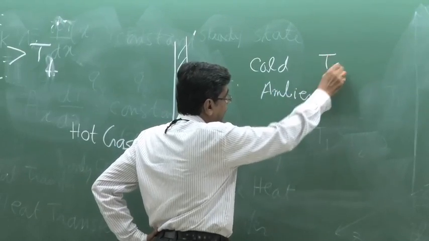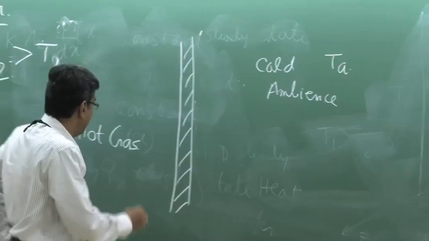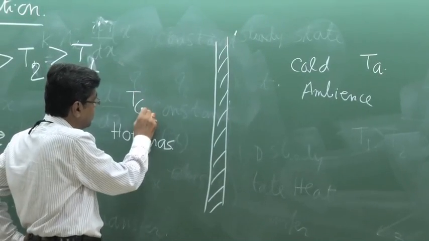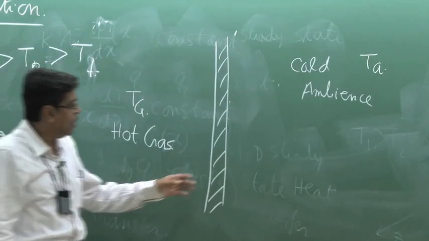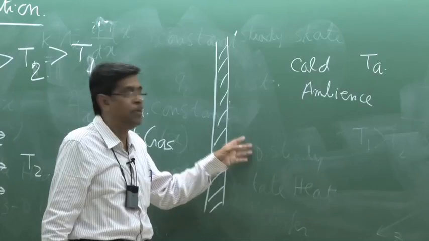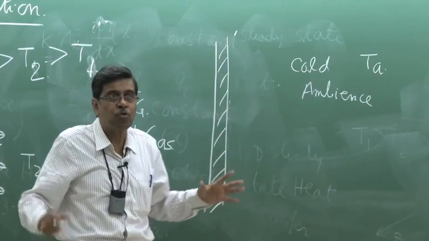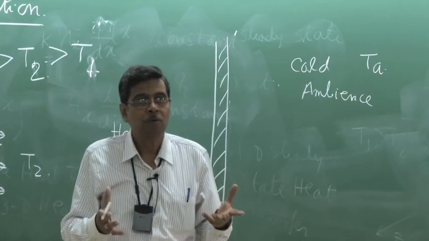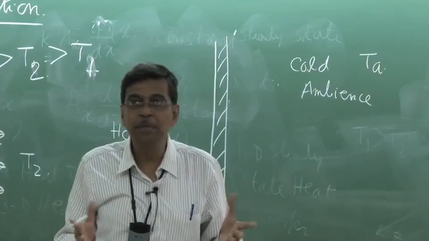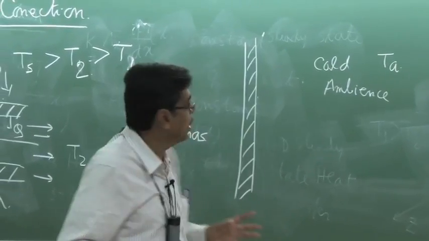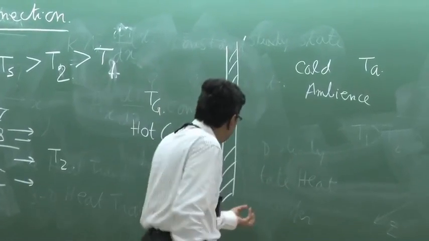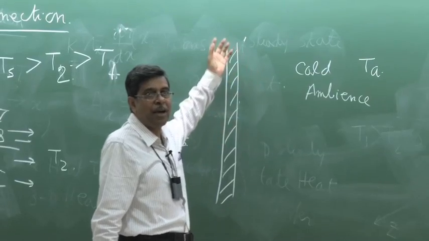This is the temperature of the ambient air, and this is the hot gas Tg. The furnace wall loses its heat to the ambience. It is hot, but it is cooled naturally. Sometimes, depending upon the situation, we don't require to flow air past it. This is a furnace wall.